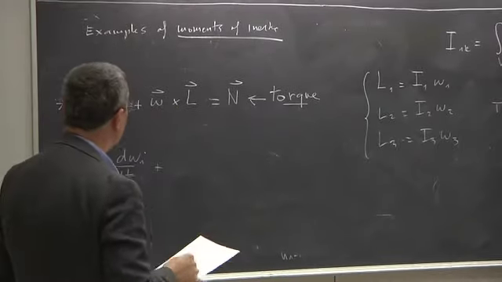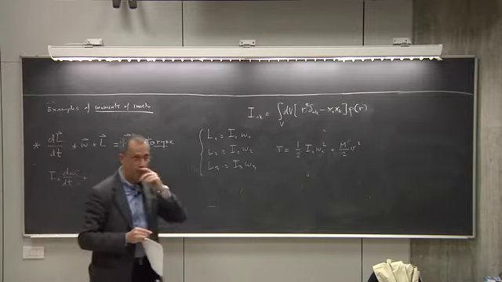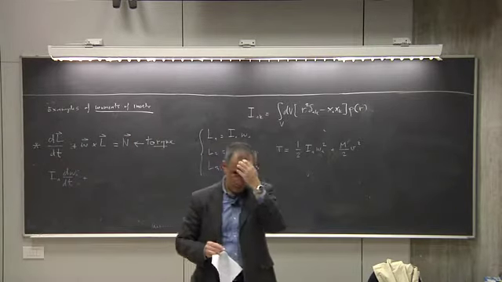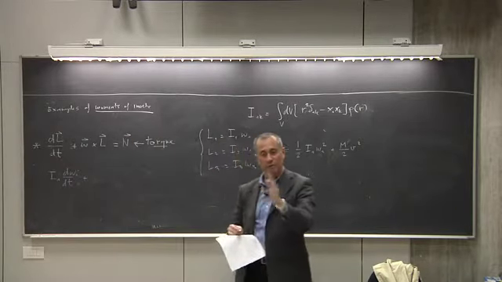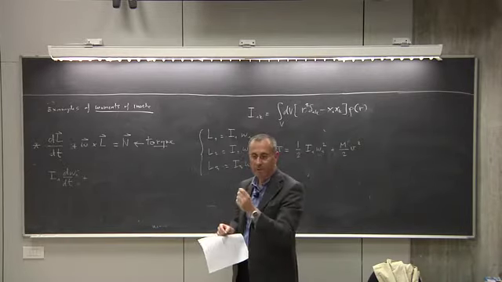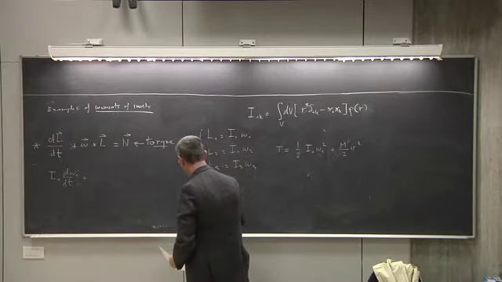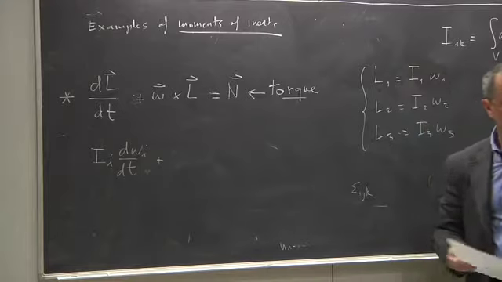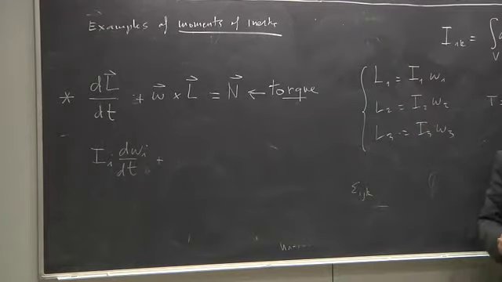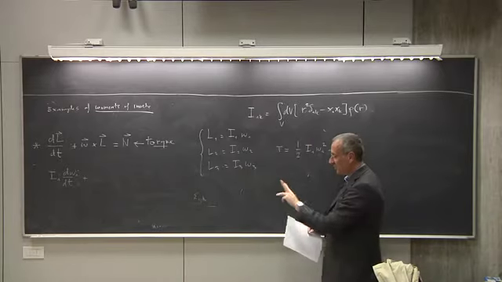Now I want to deal with this, so I have an omega, then I have the I, and then I have another omega. How do you write the cross product, vector product, in terms of components? You remember this Levi-Civita symbol? This epsilon ijk, right? It's like the older brother of the Kronecker symbol, because it has 3 indices.